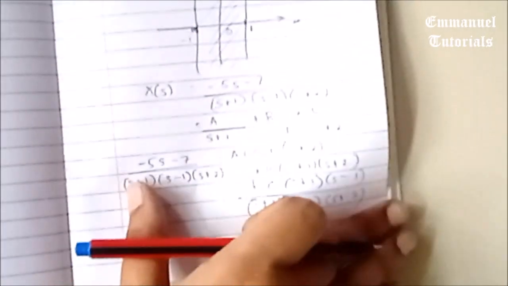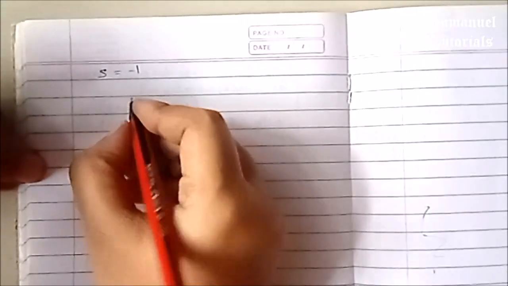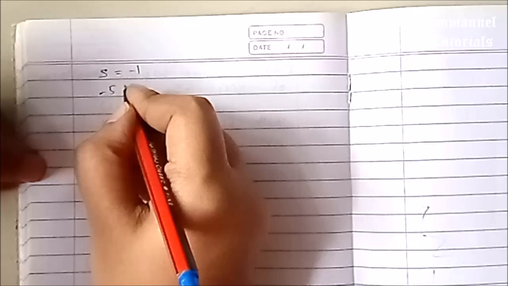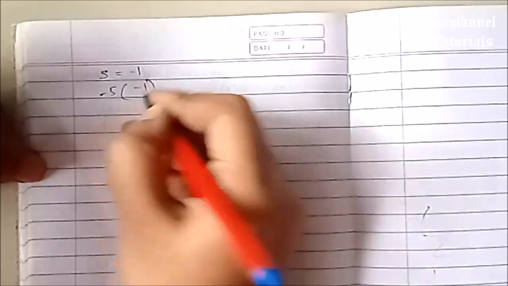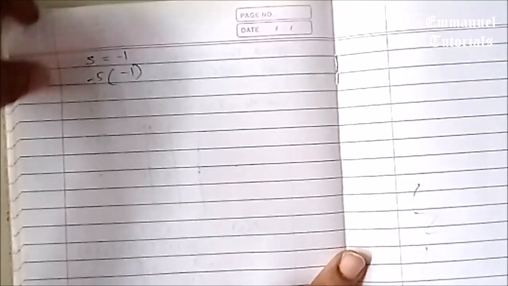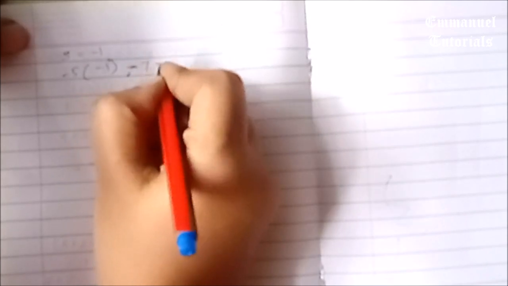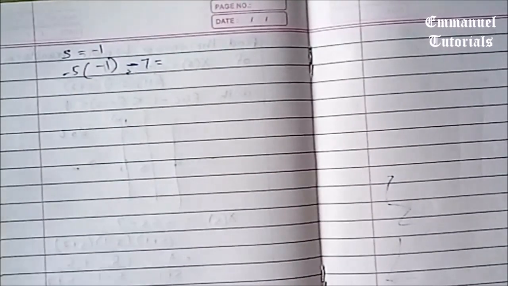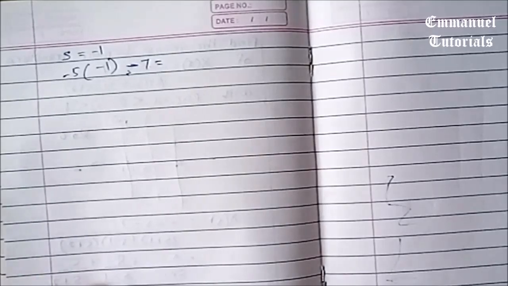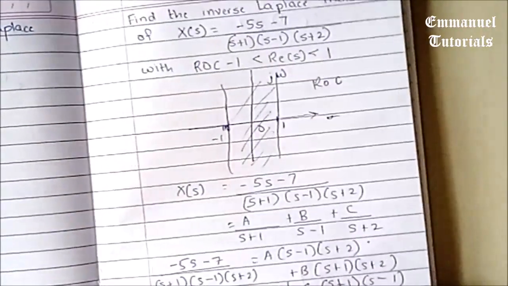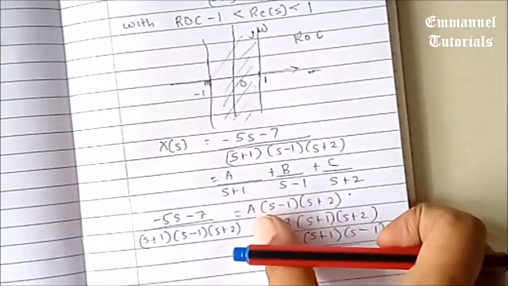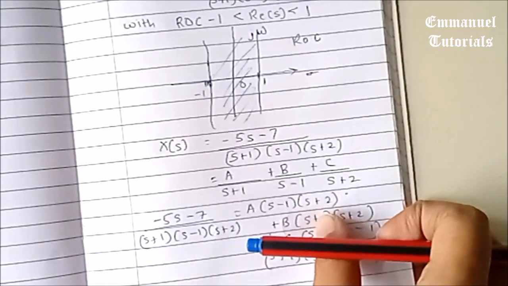So we can write minus 5 into minus 1 minus 7 equal to a into minus 1 into minus 1 plus 2.